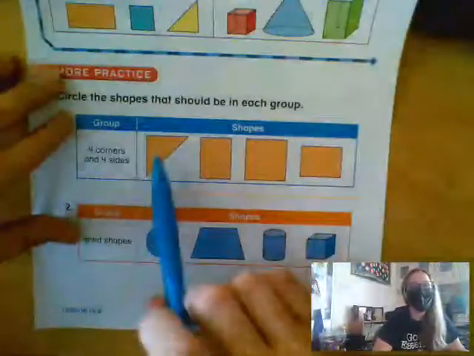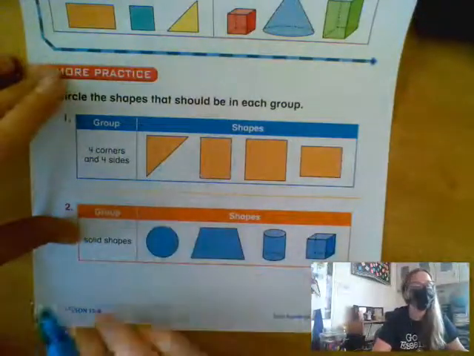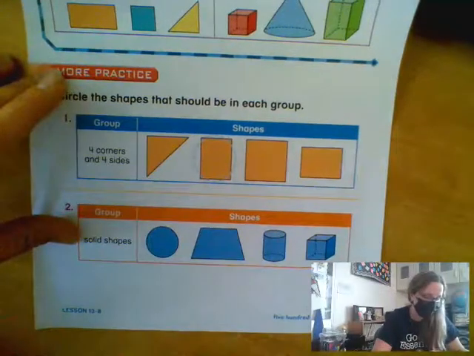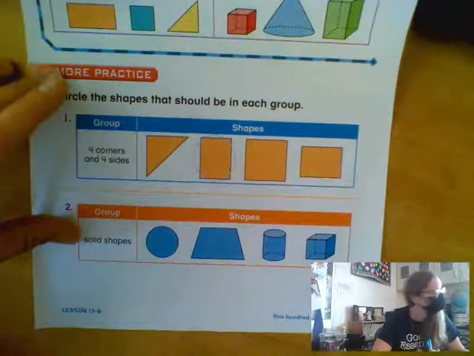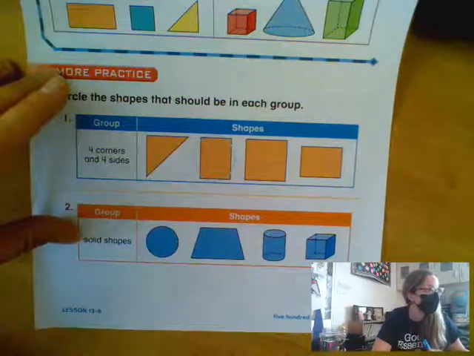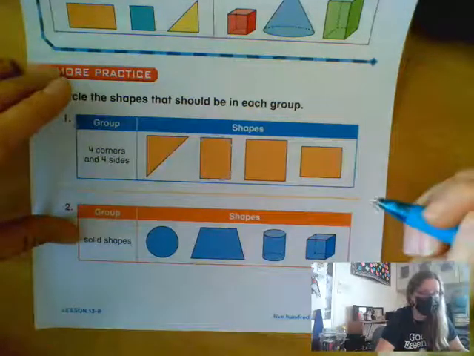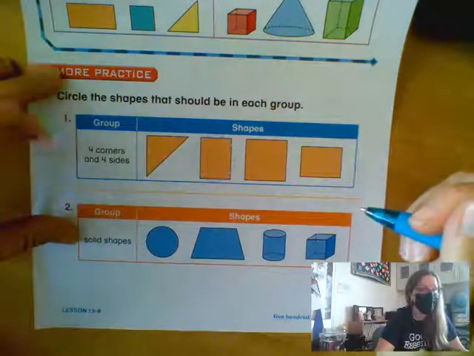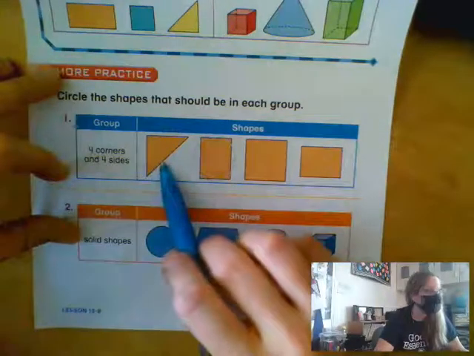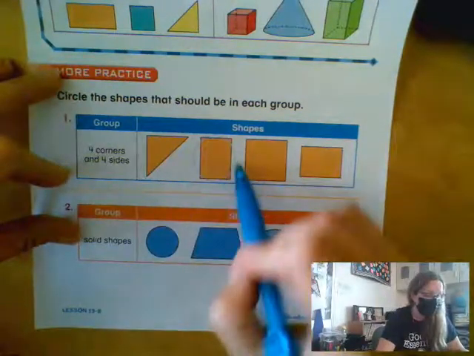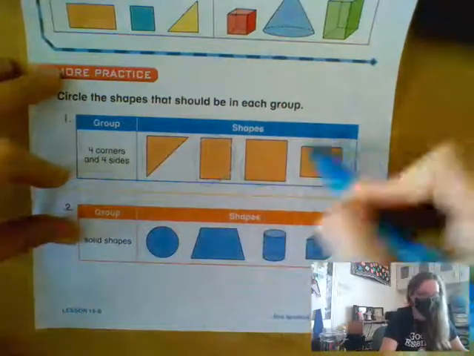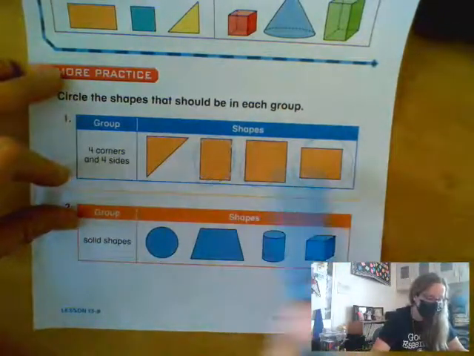Johnny, it says circle the shapes with 4 corners and 4 sides. Which ones should we circle? 4 corners and 4 sides. Should I circle this one? No. Should I circle this one? Yes. Good job. 4 corners, 4 sides.